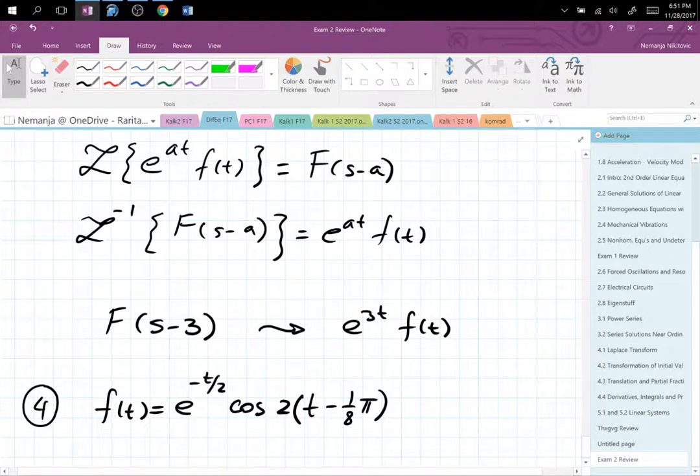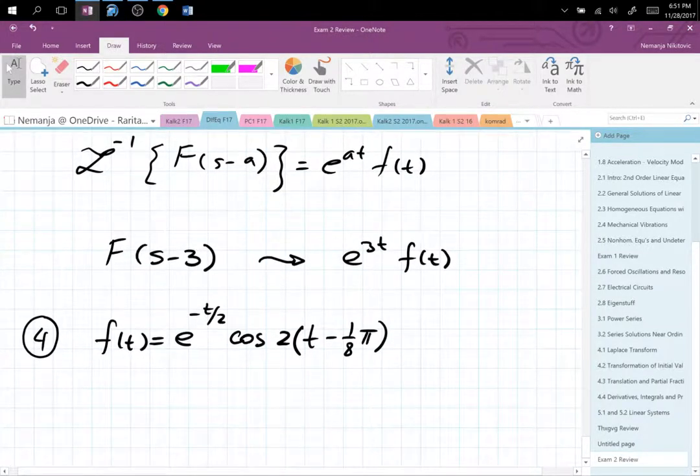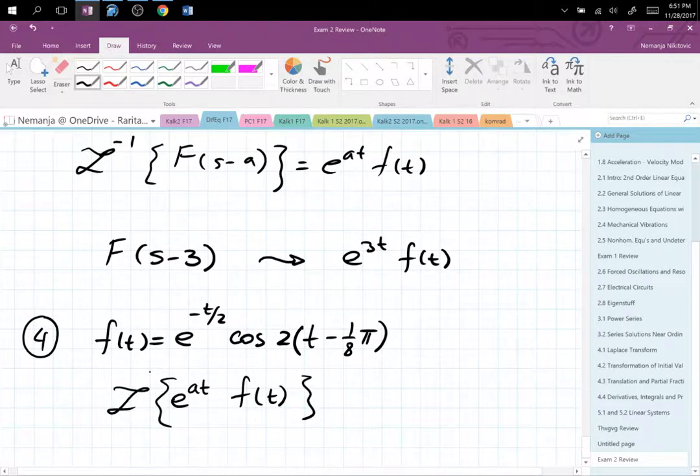So the first thing that we do, generally, is I can write e to the at times f of t, so that in a Laplace transform is going to give me F of s minus a.